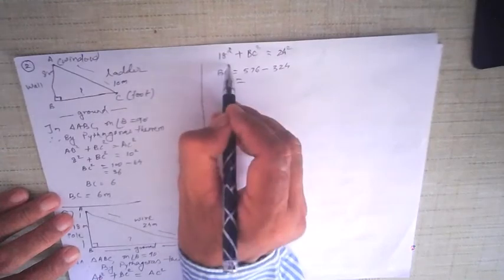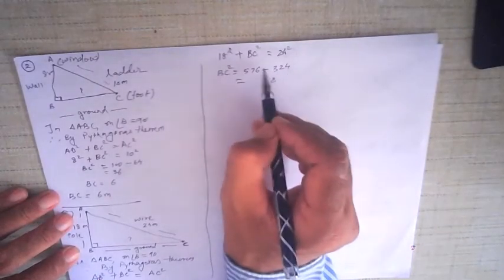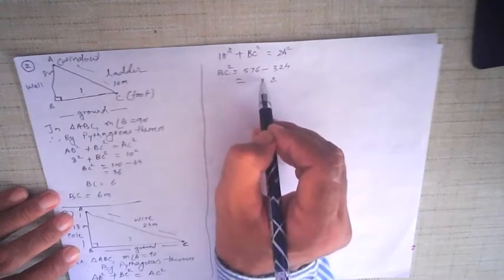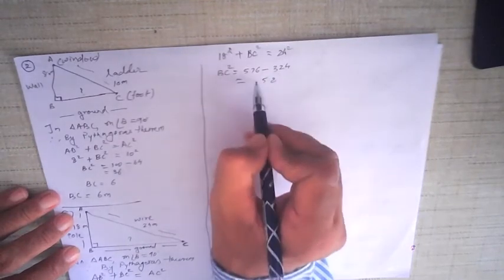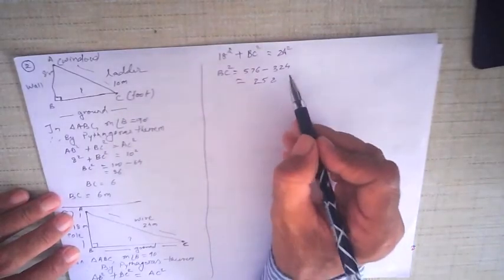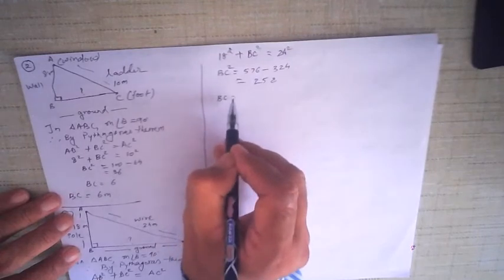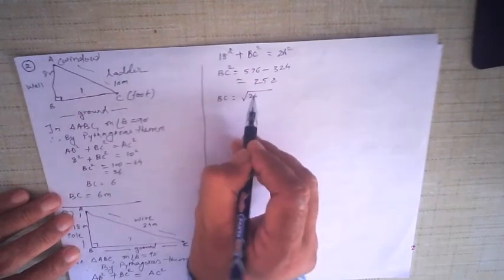Subtracting, we get 252. So BC will be the square root of 252.